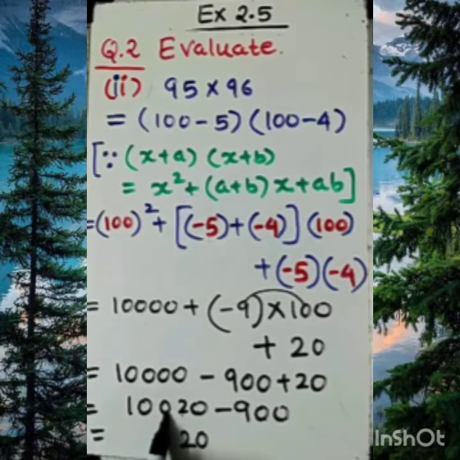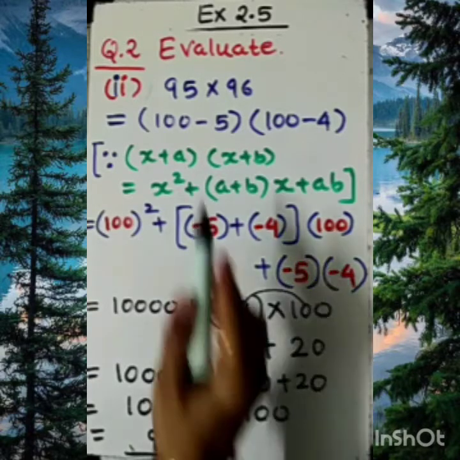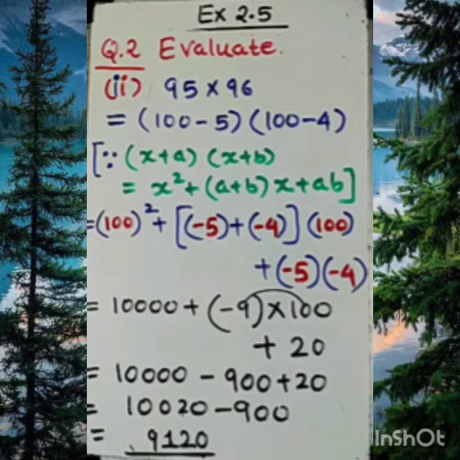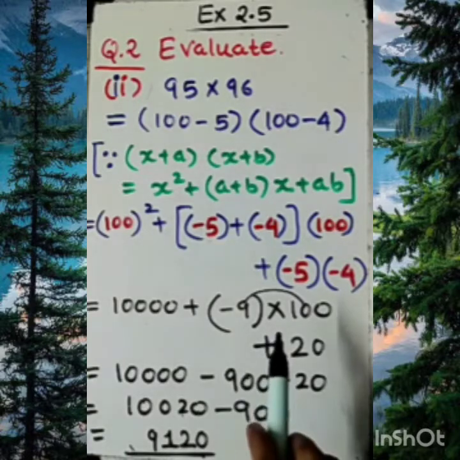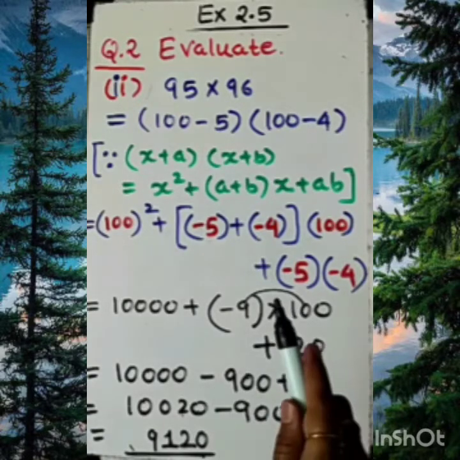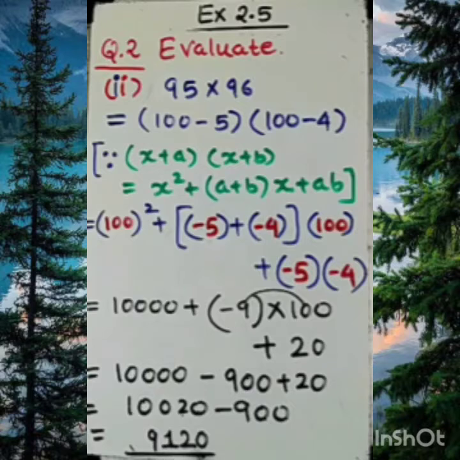So let me borrow from here. 10 minus 9 gives the result 1. And of course here it will be 9 and here it will be 0. So simply I should say the product of 95 into 96, by using this useful identity, 9120 is coming. So this is the answer.